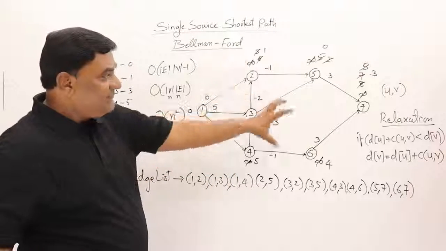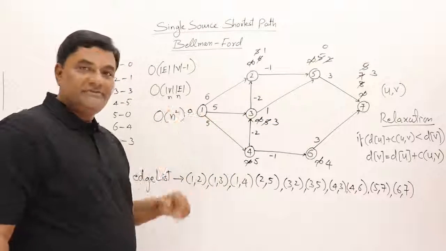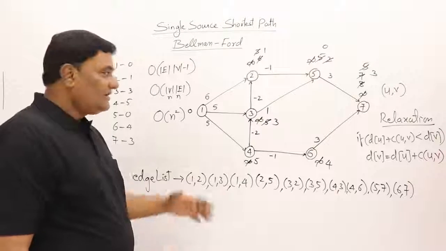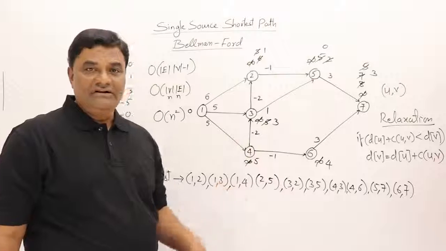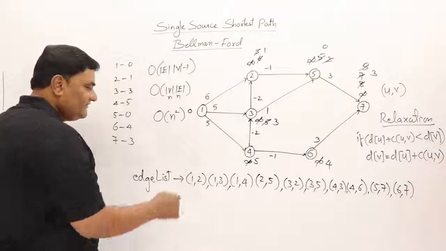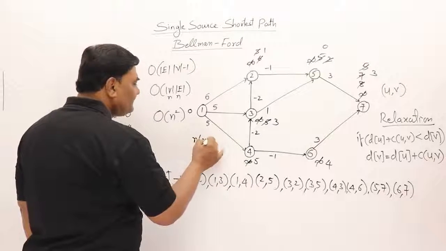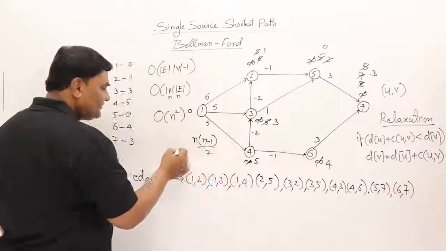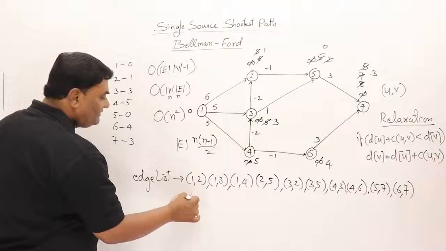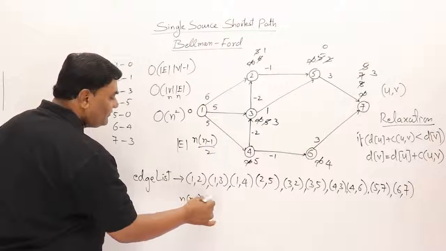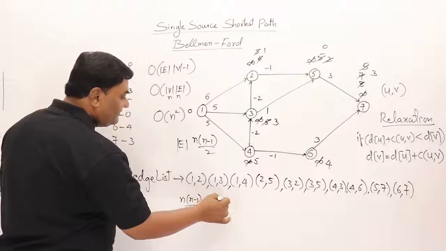If this is a complete graph, how many edges will be there in a complete graph? A complete graph means there is an edge between every pair of vertices. So total how many edges will be there? n into n-1 by 2 edges. So the time will be n into n-1 by 2 into the number of vertices minus 1, n-1.